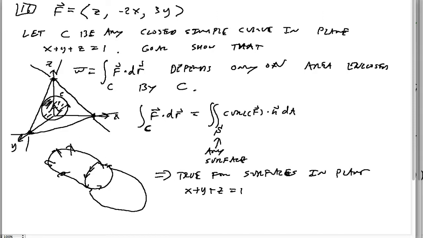So it should be true for this surface that's actually in the plane defined here. And we know the normal to that surface is going to be the normal 1, 1, 1. Okay, so now we have a vector coming out of there. We'll call that n. All right, so what we have to do now is I'm going to get a new sheet of paper out. N again was 1, 1, 1.